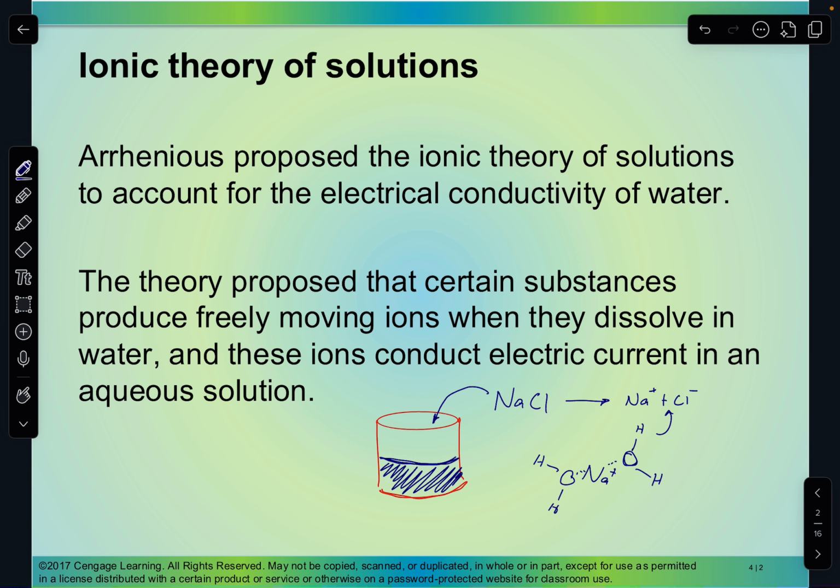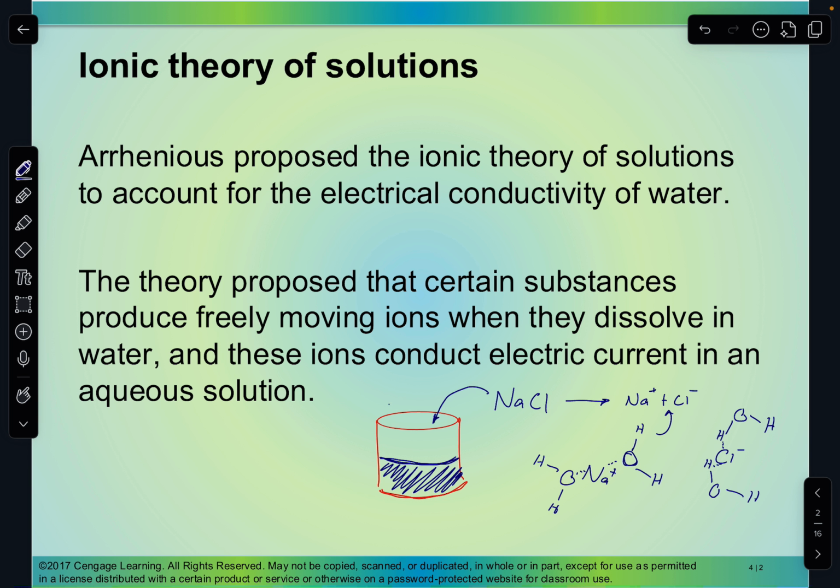And so these little pods of sodium with some waters around it are able to freely float throughout the solution. And the same thing happens with the chlorine atoms. We get something similar with just the other side of the water making the bond. We have hydrogen making a bond there. And so these are also able to freely float.